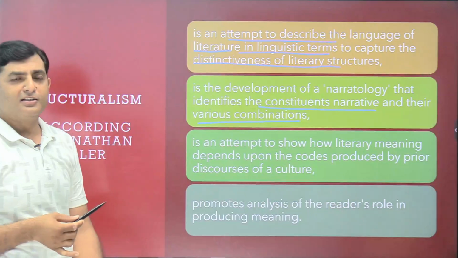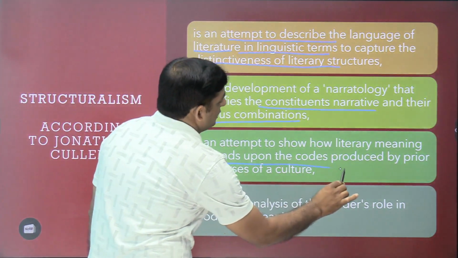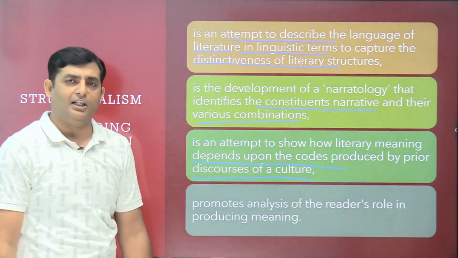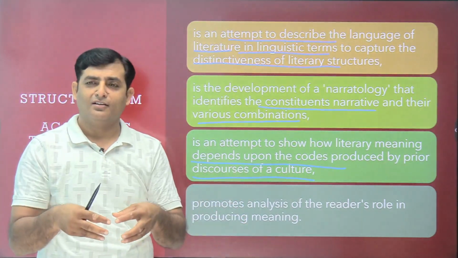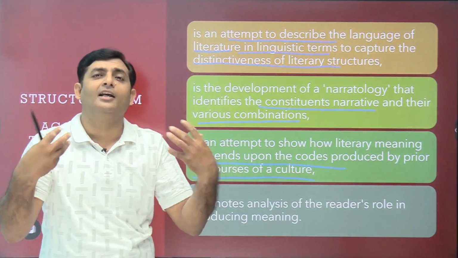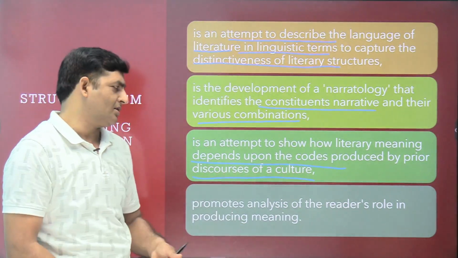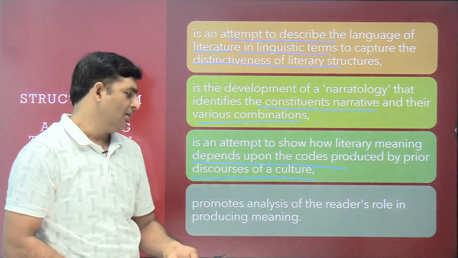And structuralism is an attempt to show how literary meaning depends upon the codes produced by the prior discourses of a culture, the codes that society provided in the past.